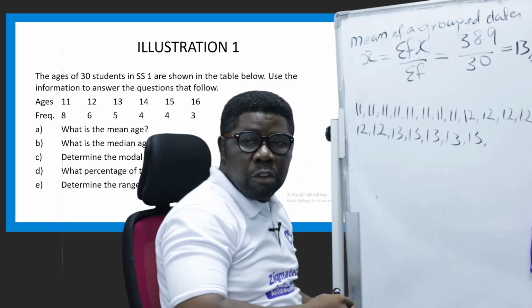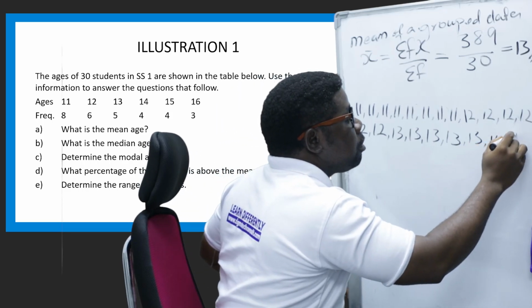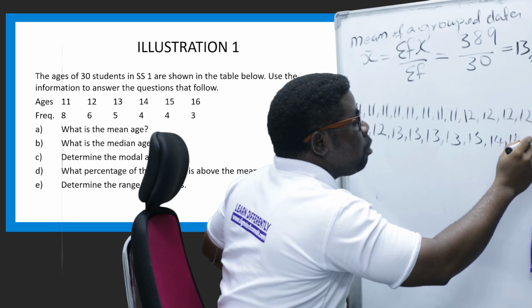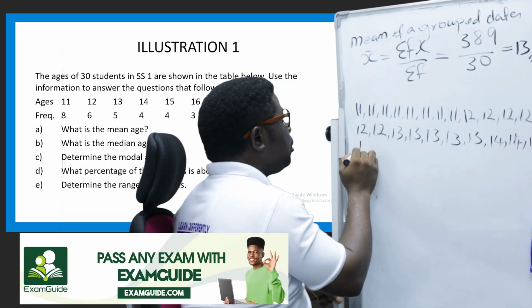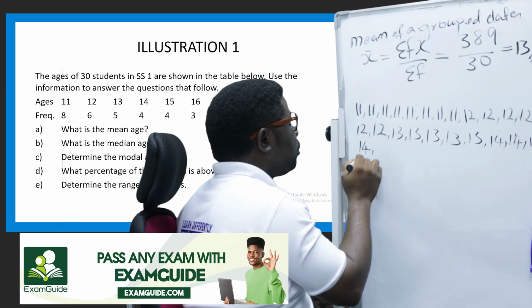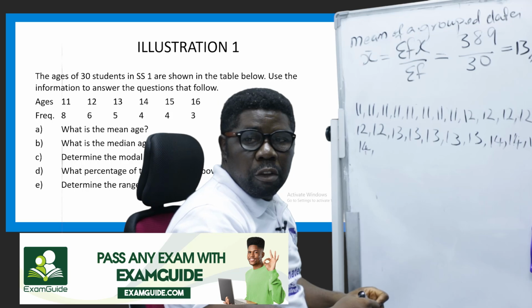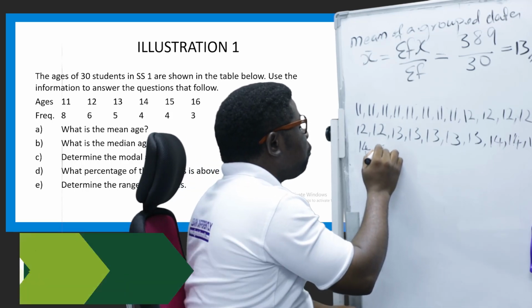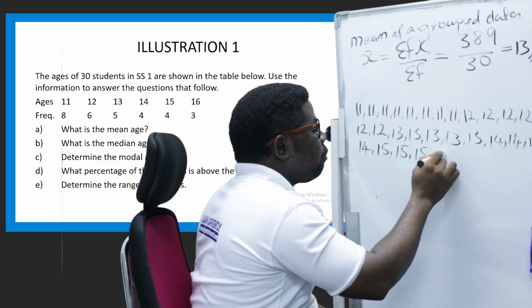We have 14 in 4 places: 14, 14, 14, 14. 15 in 4 places as well: 15, 15, 15, 15.